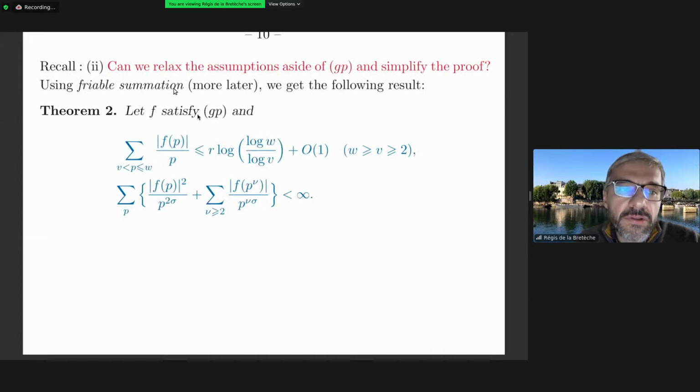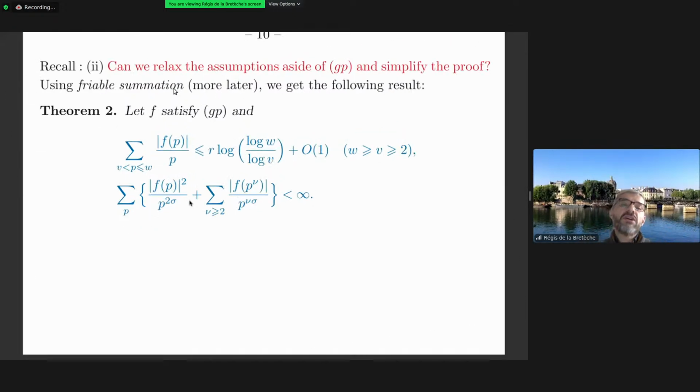And so our theorem 2 is: assume that f satisfies GP, of course, but we have this mean value bound, which is not very strong, well, it's weaker than the Granville-Koukoulos assumption, and we also assume a result on the square value of f of p and also the value of f of p to the nu for nu larger than 2.